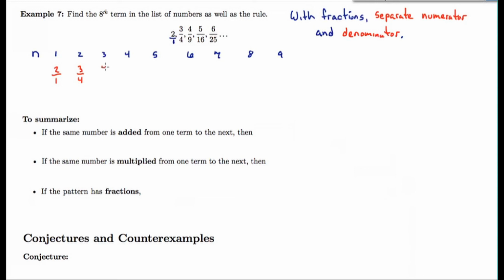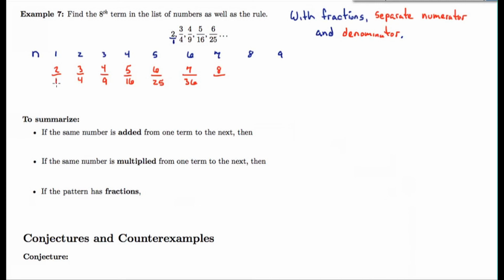And then 4 over 9. 5 over 16, 6 over 25. What would the next one be here? It'd be 7 over what? What's happening here? 1, 4, 9, 16, 25. These are all perfect squares. So what's the next perfect square from 25? 36. So these would be 8 over, what's the next perfect square?